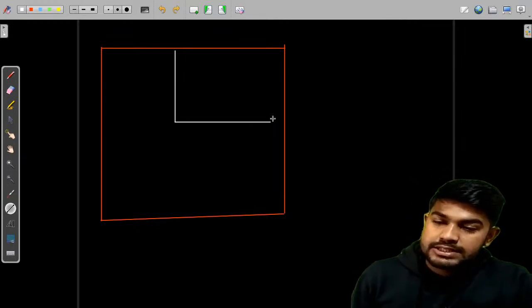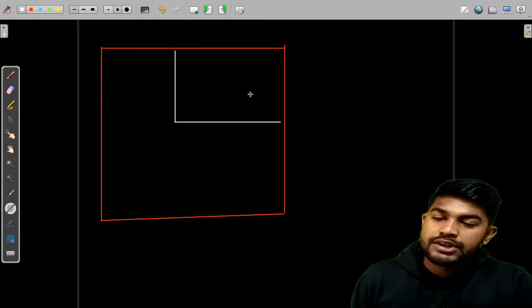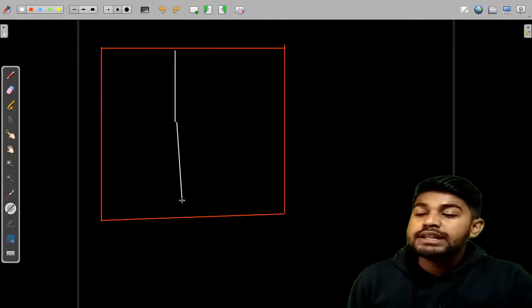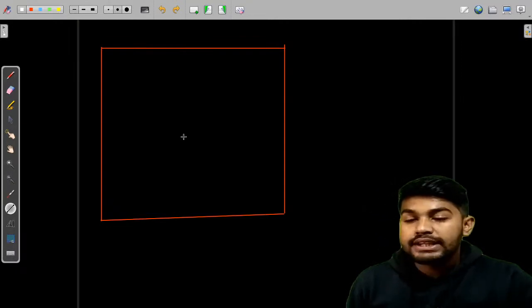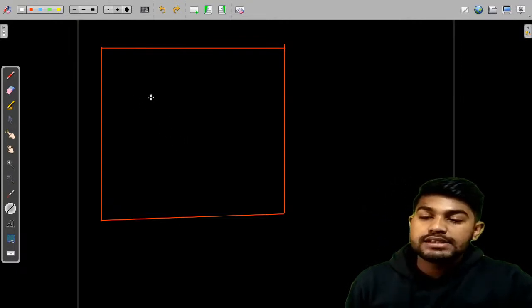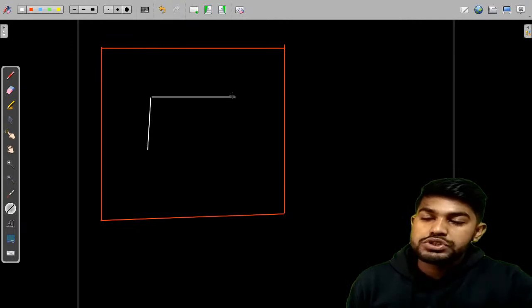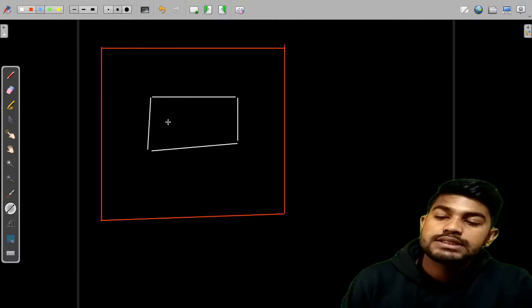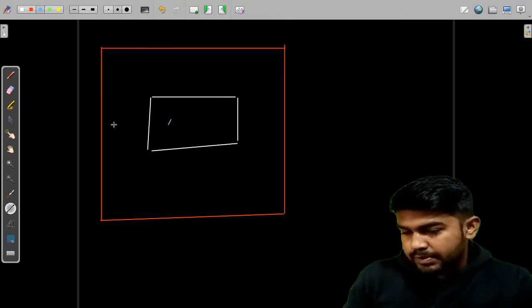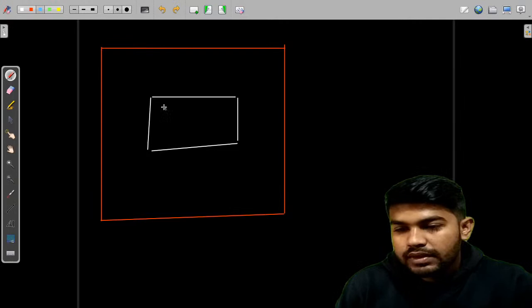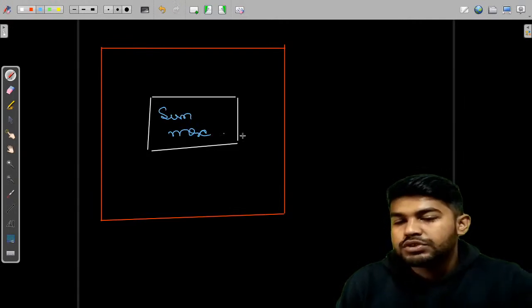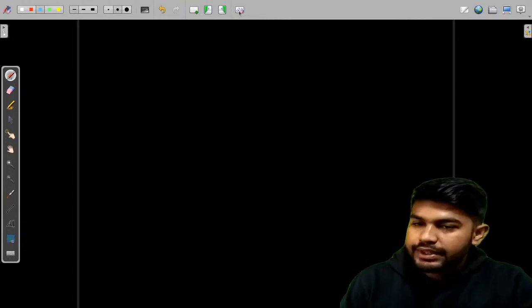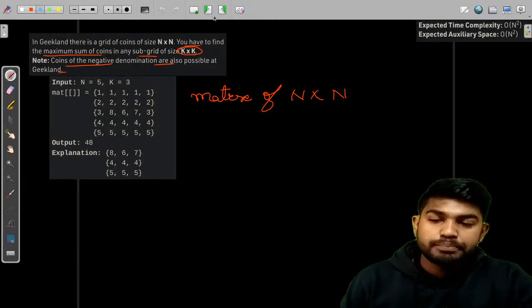It might be that the k into k is placed differently, taking a different portion of the matrix, and the sum should be maximum. This is how we need to proceed.